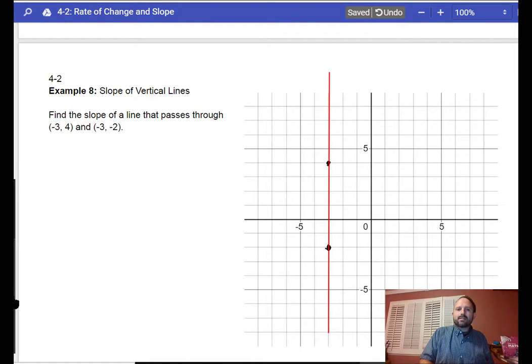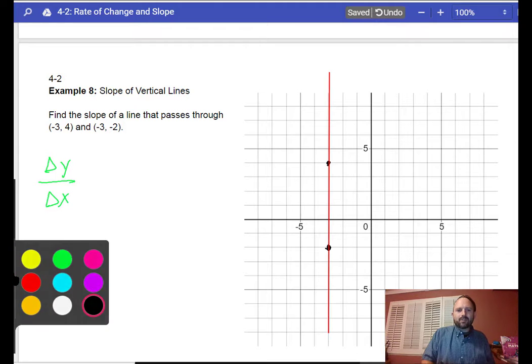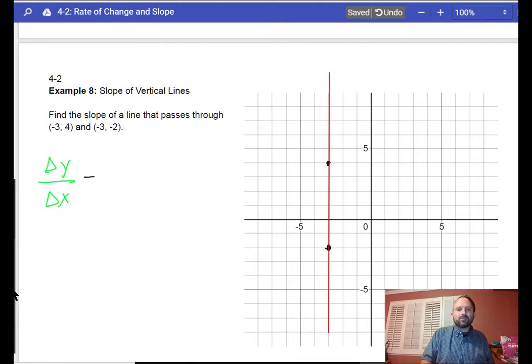Now the problem with this is our delta y over delta x. Now from -2 to 4, it doesn't matter which one we go, but let's say we're going from 4 to -2. Sure, why not? If we're going 4 to -2, that's going to be -6. And -3, it doesn't move left, doesn't move right, so it's going to be 0.